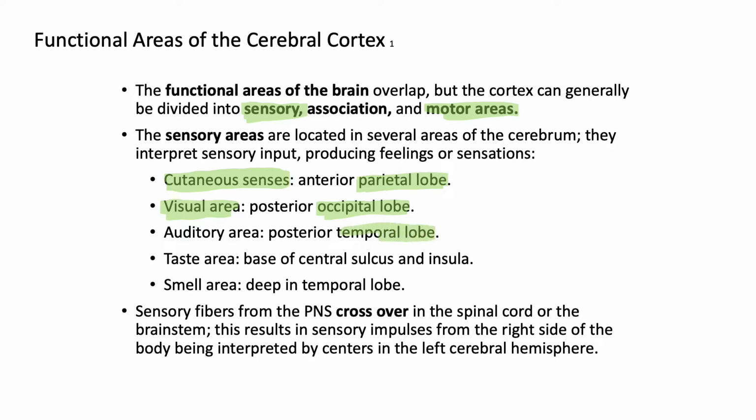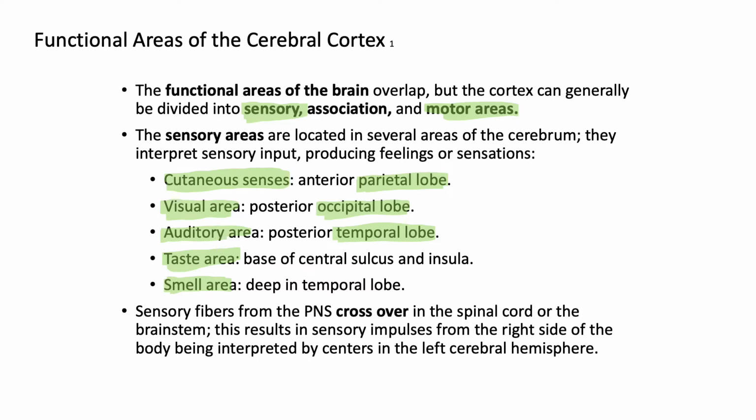Temporal lobe senses or interprets information coming from ears and nose, the auditory and smell area. In the insula, we find area which interprets information coming from the tongue, taste area.